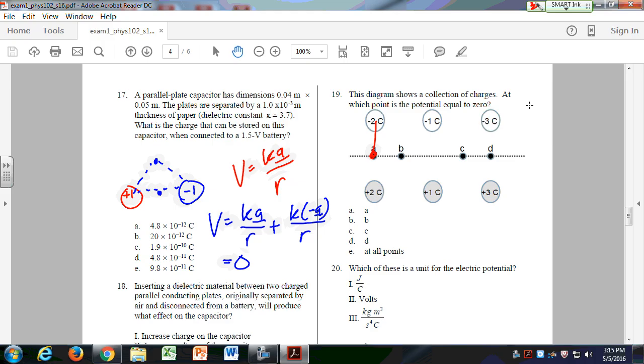Oh wait, no, that's not the answer. Those 2 points are equidistant, their potential is equal to 0. These 2 points are equidistant, their potential is equal to 0. And these 2 points are also equidistant, their potential is equal to 0. But that is true for all these. Equidistant, equidistant, equidistant. So the potential at all these points is equal to 0.